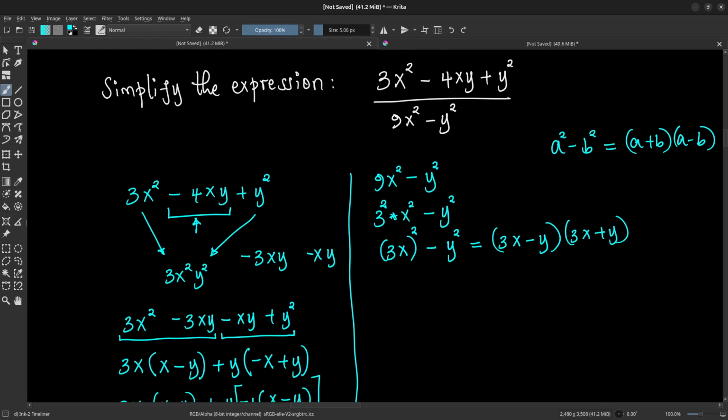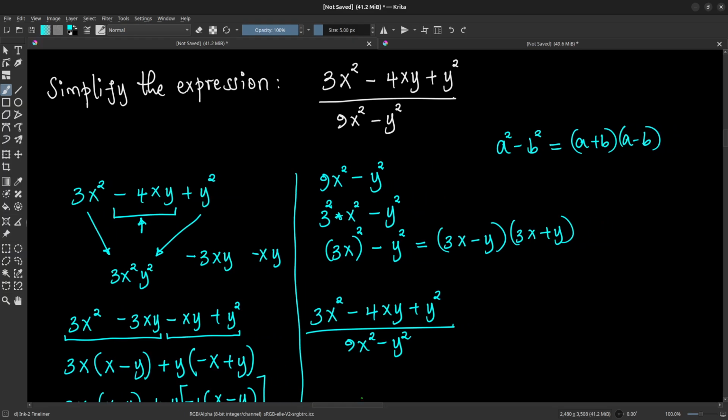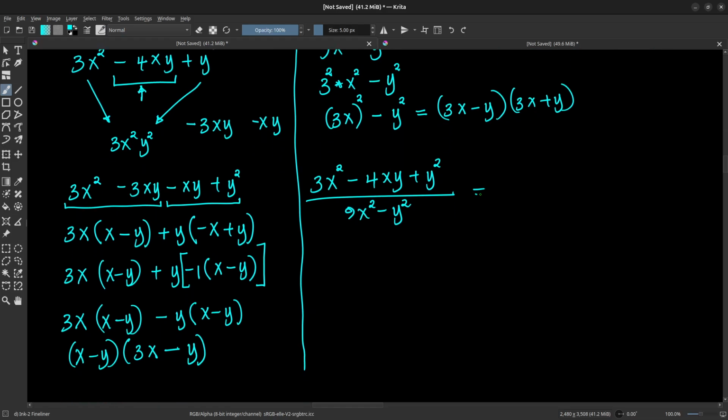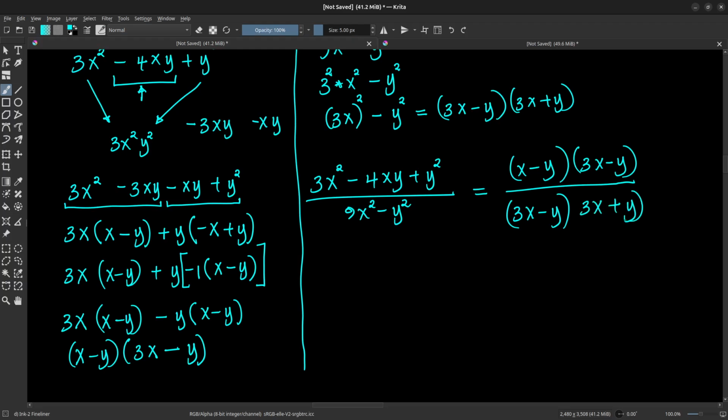So now our expression, which was 3x² − 4xy + y² over 9x² − y², becomes: the numerator (x − y)(3x − y) all over the denominator, which is (3x − y)(3x + y).